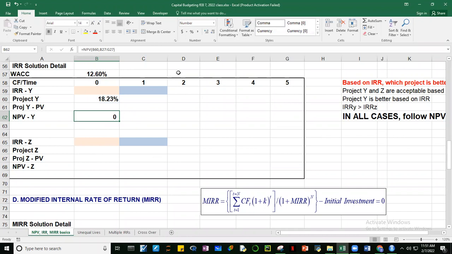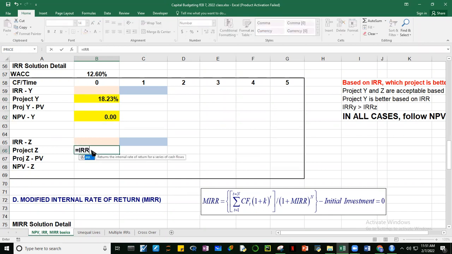So we can see here, guys, that tama, no? Yung IRR ni Project Y. Yung NPV at the IRR at 18.23 is equal to 0. So that's another definition of IRR. The IRR is that rate of return where your net present value is equal to 0. And here we can see that. No? Okay, how about Project Z?